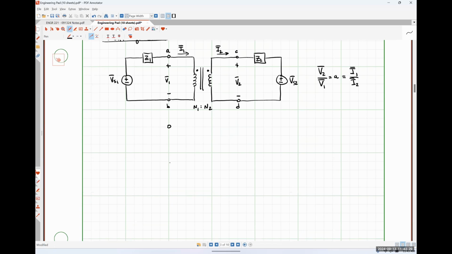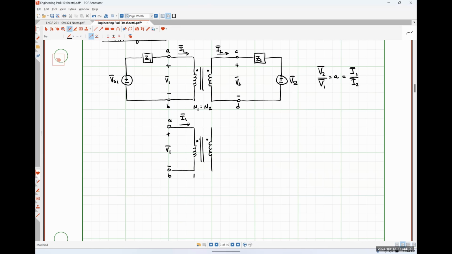So I'm going to draw everything to the right of terminals A and B, like so. So here is one coil. Here's my second coil. Here's my voltage V1. Here's my current I1.